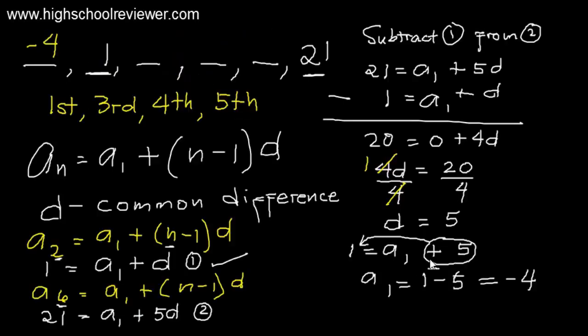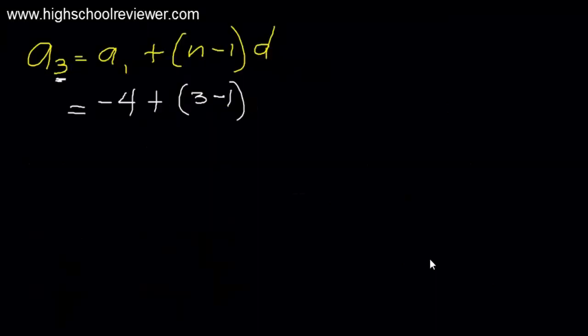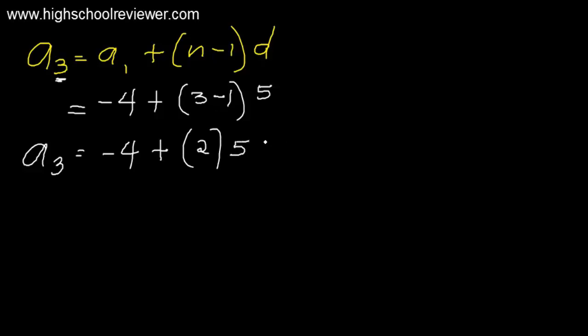Okay, what is our d? Our d is positive 5. So a sub 3 will be equal to negative 4 plus 3 minus 1 is 2. So we will have here 2 times 5. So negative 4 plus 10 will be equal to positive 6. So our a sub 3 is positive 6.